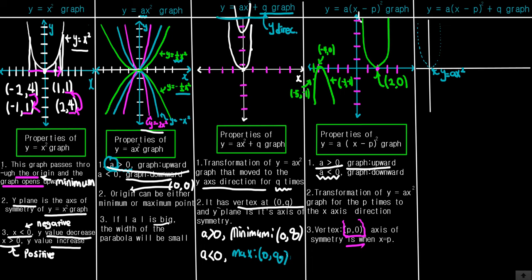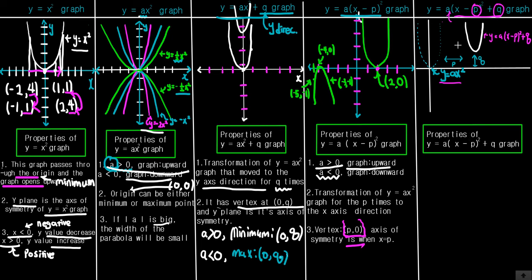And for the x minus p squared plus q graph, we use the y is equal to ax squared graph as a basic format, and we transform it. We move that graph in the x-axis direction by p, and we move that transformed graph in the y-axis direction by q, and this is what y is equal to a times x minus p squared plus q means.